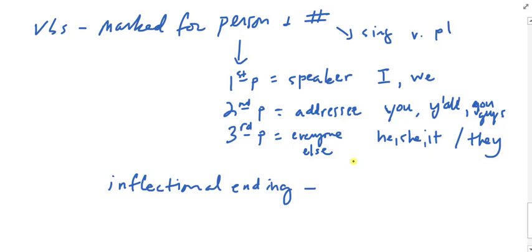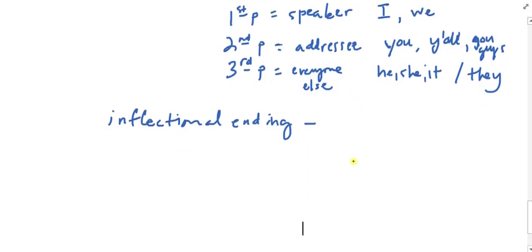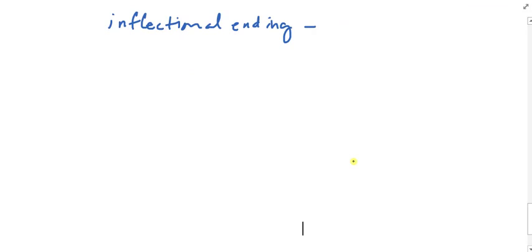Case endings are inflectional endings, aren't they? But we're now going to see that verbs can have inflectional endings. And these inflectional endings don't change the meaning of the verb in terms of the core lexical semantics of the verb, but they do change who's doing the verb. That is a change of meaning, but it's a grammatical change of meaning, you see. So let's take a quick look at the verb forms here.